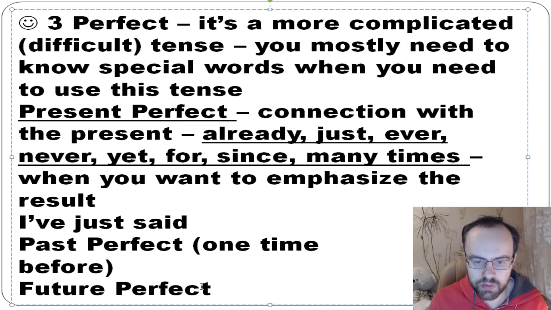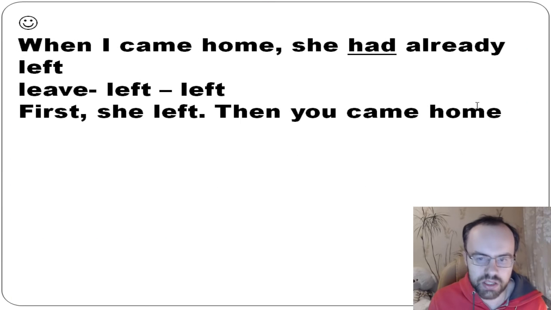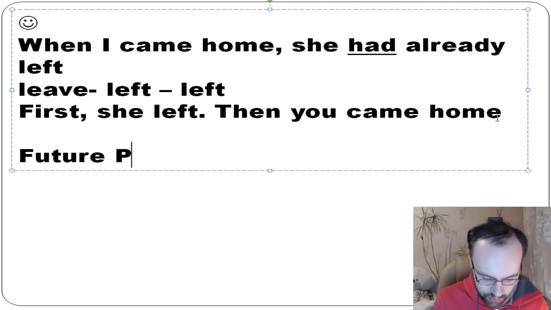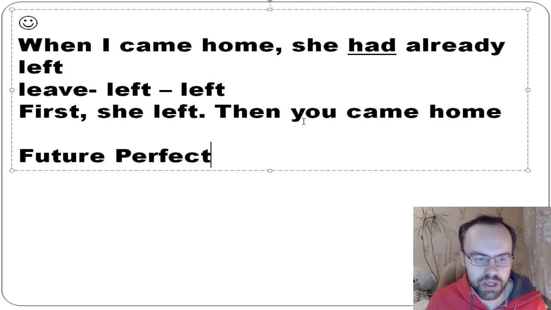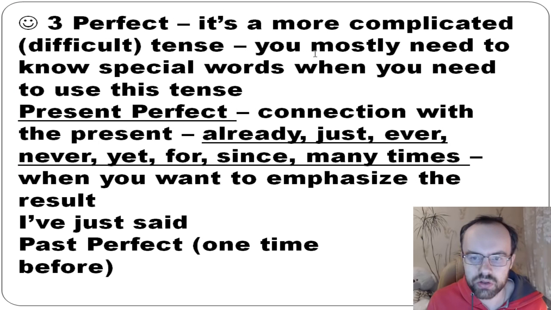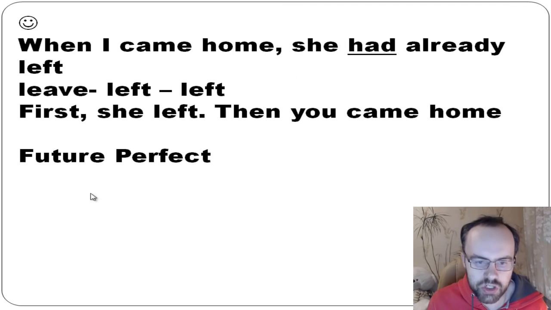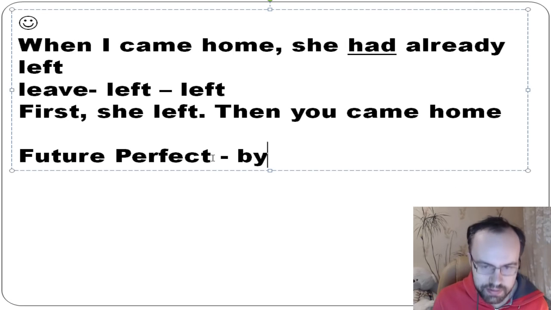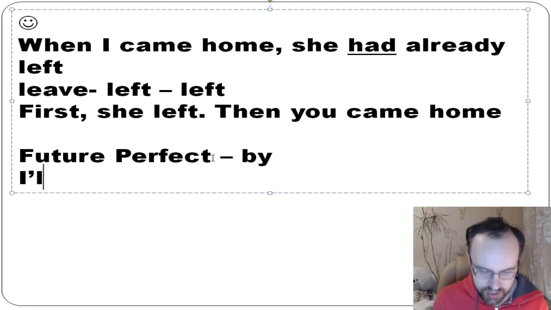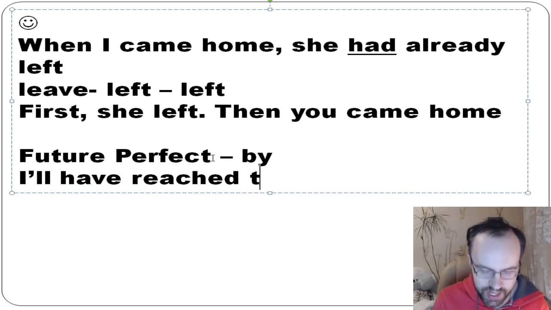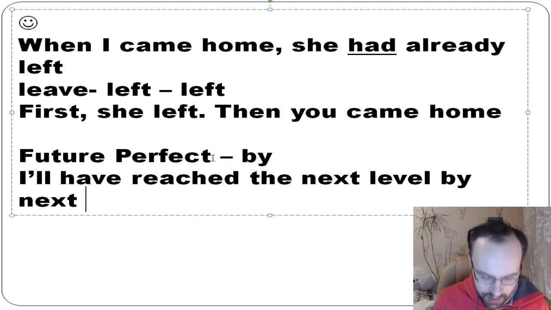If we look at future perfect, we also use it with special words, and you just need to pay attention to the word by. For example: I will have reached the next level by next month.